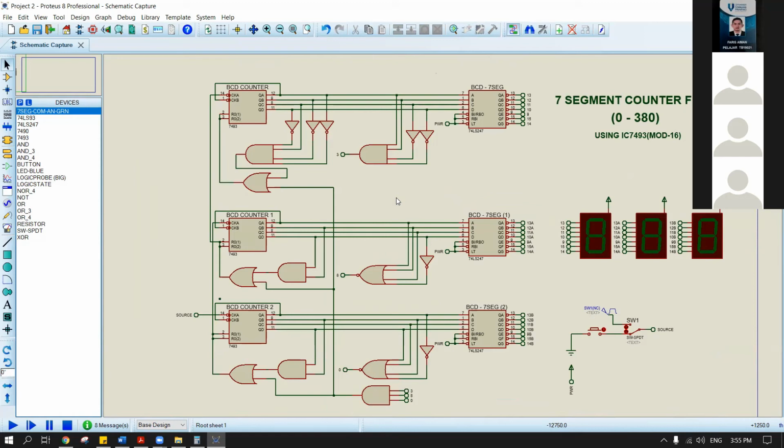But for power system circuits and when we want to generate a sine wave, Multisim is a good simulation. Proteus is a good platform for programming and simulating our circuit.